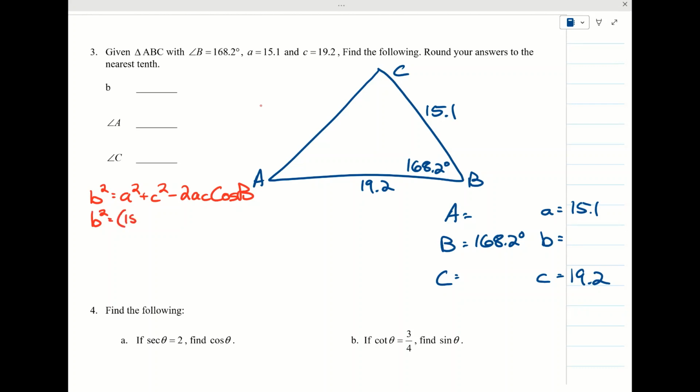Just make sure you type this in correctly: 15.1 squared plus 19.2 squared minus 2 times 15.1 times 19.2 times the cosine of 168.2. Let's type that in to figure out what b squared is.